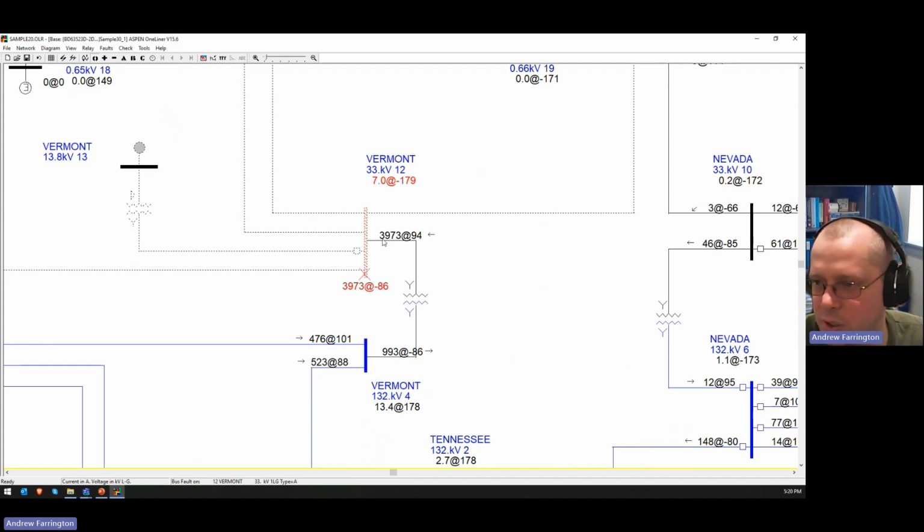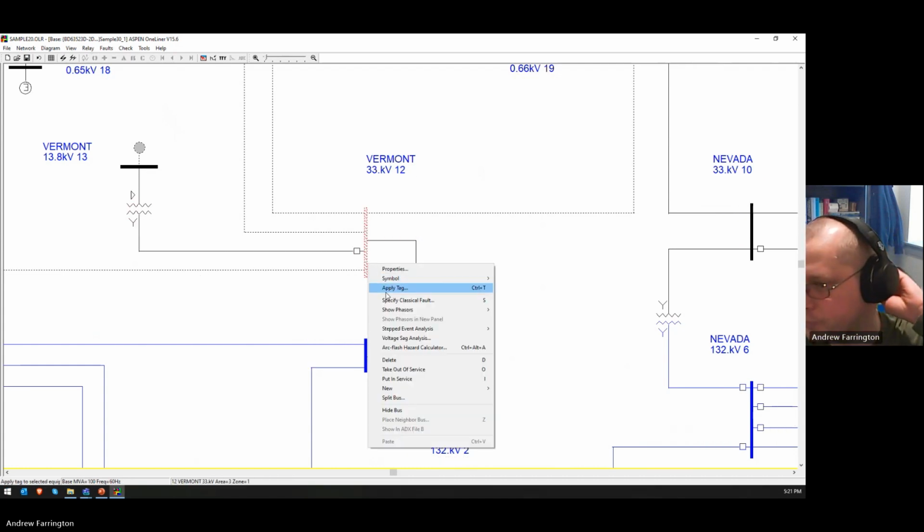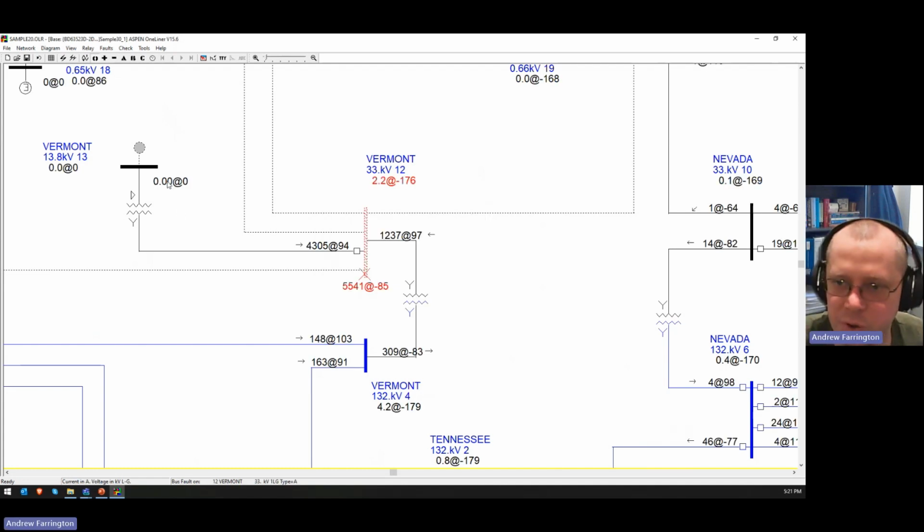So this fault current is not being sourced from the transformer. It's just flowing through from the high side. Okay. If we put this back in, you can see no zero sequence fault current is flowing into the delta, obviously, because it can't flow into the delta, but it is flowing out of the Y. Here, it's flowing into the Y and out of the Y, but it's just flowing through the transformer, not being sourced by it. Okay.